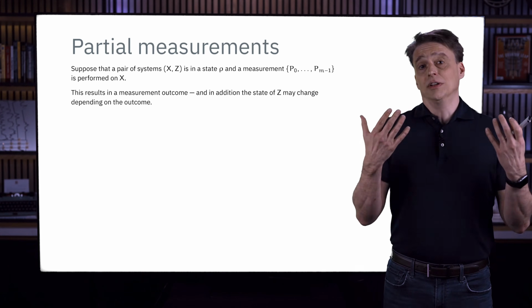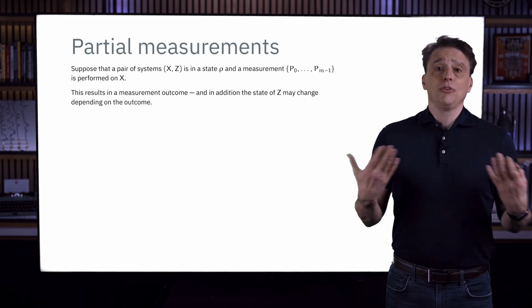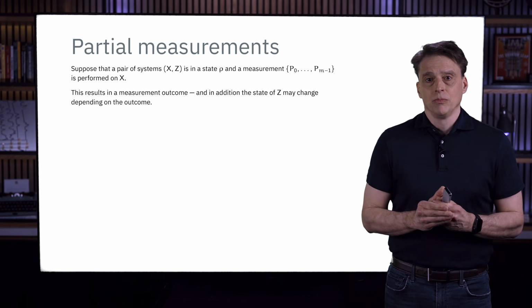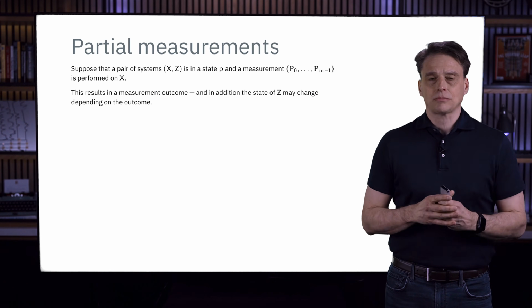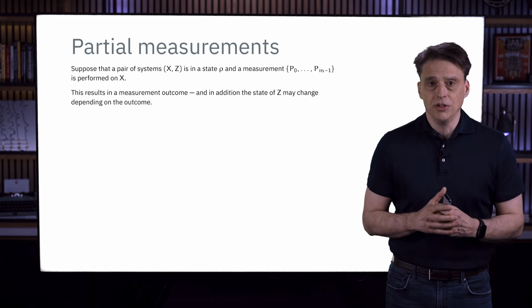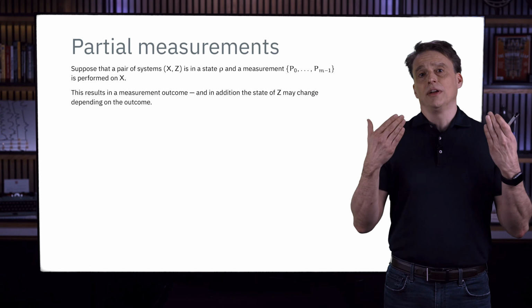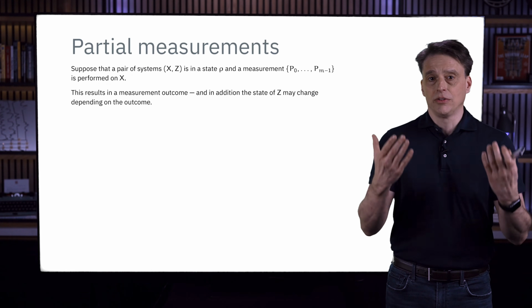Naturally, this results in a measurement outcome, and because we're talking about destructive measurements, we can imagine that the process of measurement destroys the system X. But we still have the system Z to worry about, and we need to understand how the measurement of X affects the state of Z.